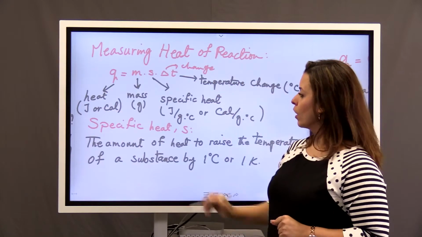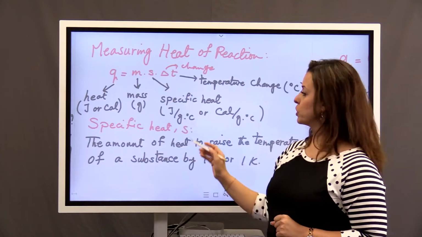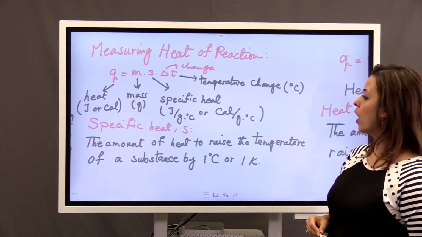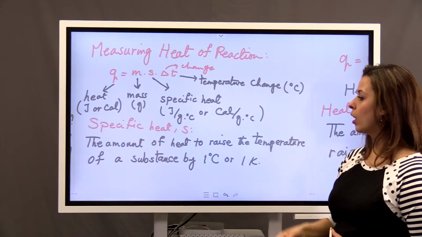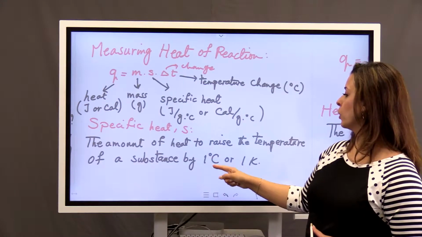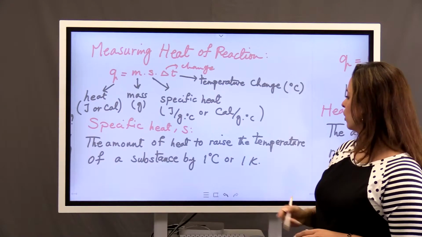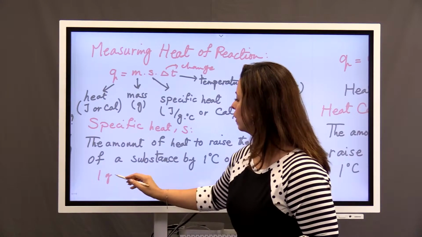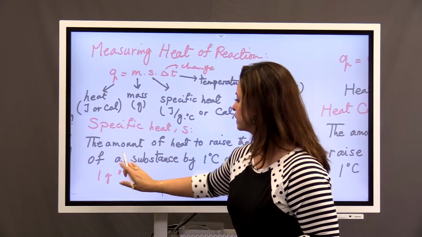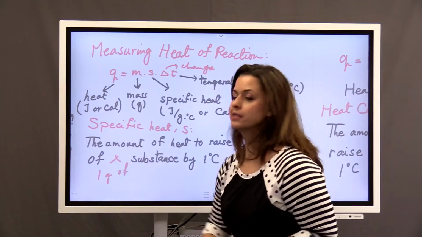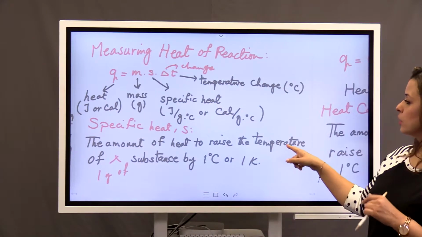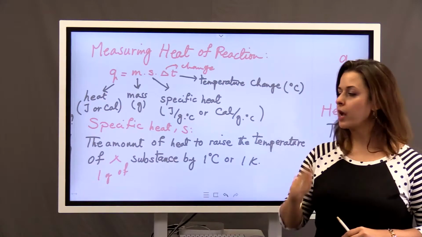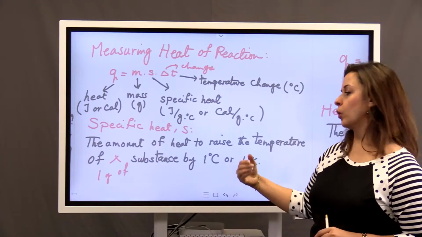So what is a specific heat, which we show in S? It is the amount of heat which is required to raise the temperature of 1 gram of substance by 1 degree Celsius or 1 Kelvin.